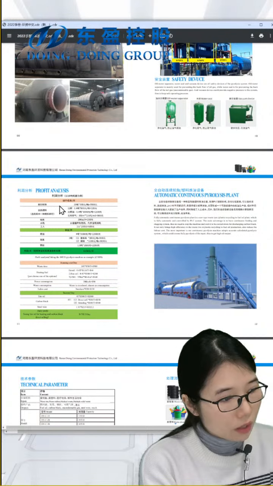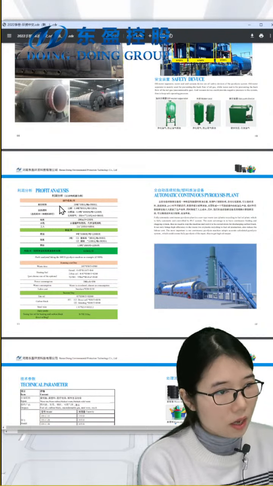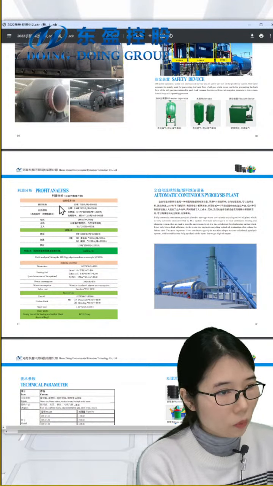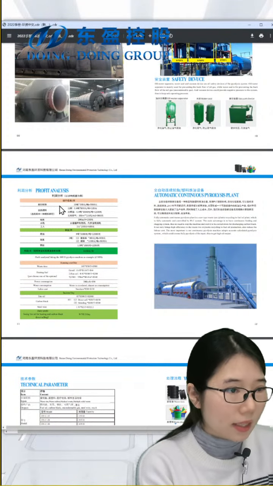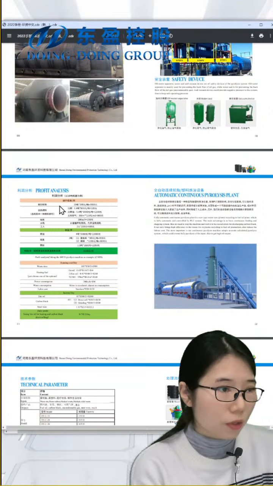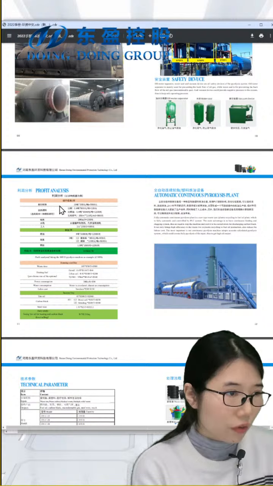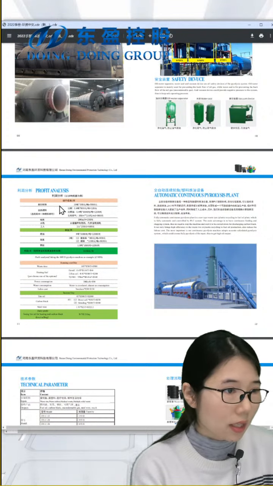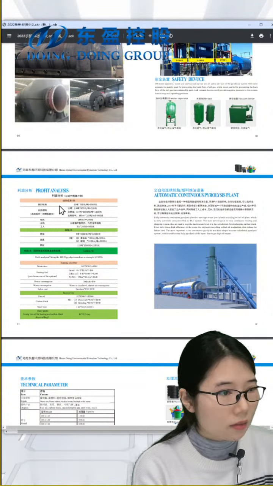If you need 3 workers, each worker will cost you 200 Chinese yuan, so per day will be 600 Chinese yuan.